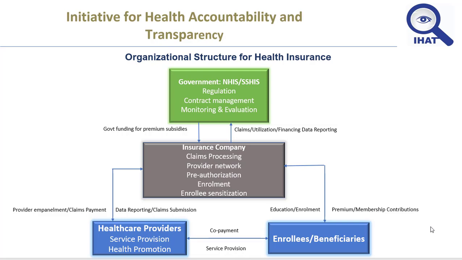The interaction between the healthcare providers and the enrollees occurs, for example, during service provision and also during co-payments, if the service to be rendered has some deductibles that the enrollee needs to pay. So basically, this is the simple structure for a health insurance scheme.